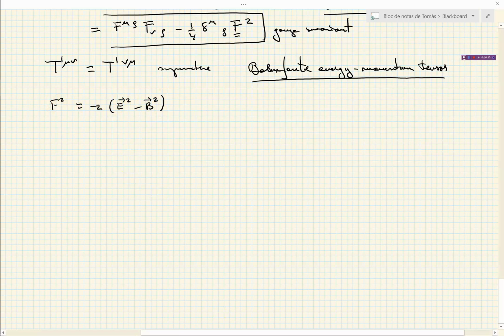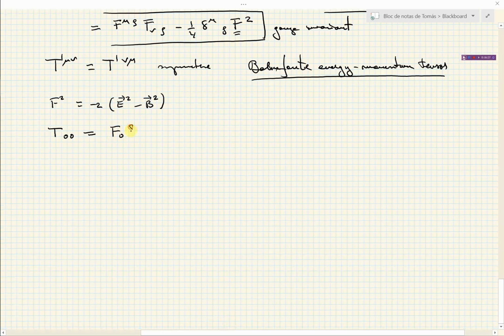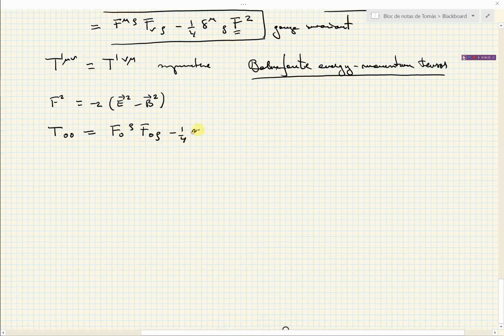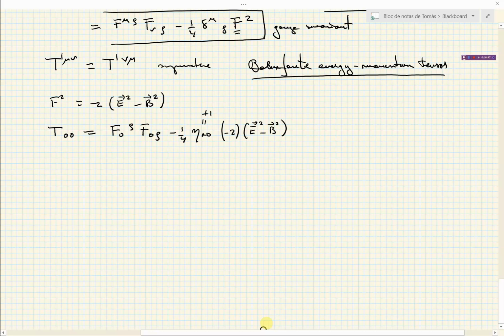Then we have to compute this for each component. So let's see, if we compute T00. Okay, so I lower the indices mu and nu. This is F0rho F0rho minus 1/4 eta 00, which is plus 1, and F squared, which is minus 2 (E squared minus B squared). Now, because this is 0, rho can only be i.